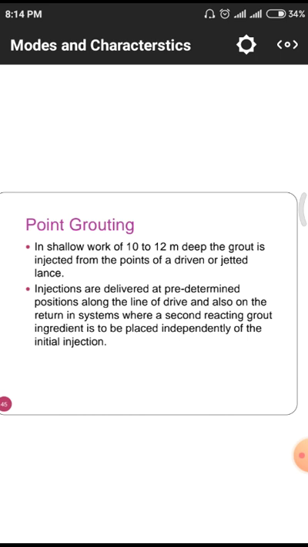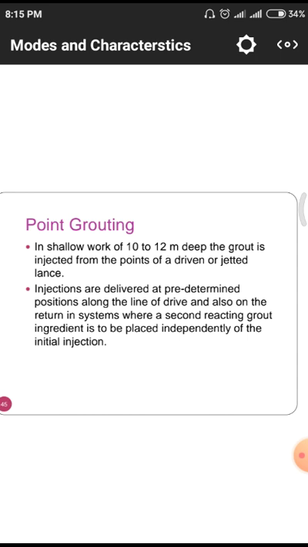That means they are completely depending upon these injection materials. Normally injection materials supply direct chemical in between the layers of a fracture or a void, so they prefer injection grouting at predetermined positions.